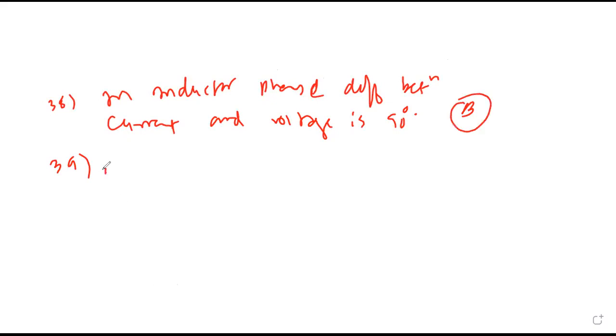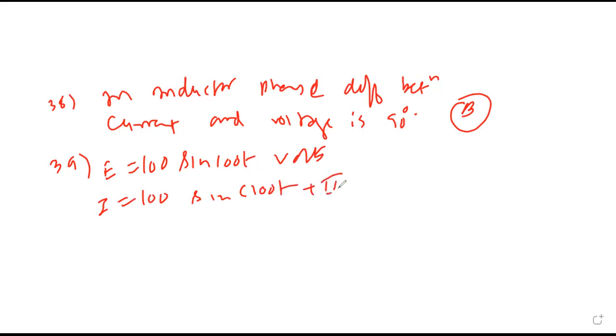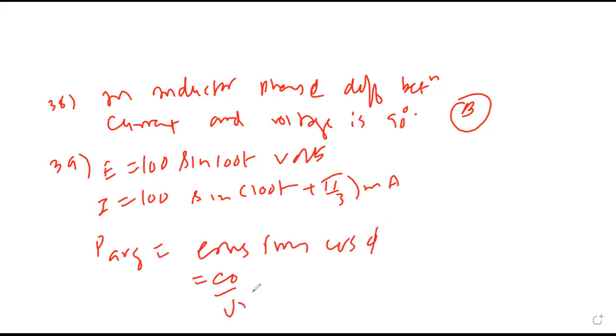39. In an AC circuit, E is 100 sine of 100 t volts and I is 100 sine of 100 t plus pi by 3 milliampere. Average power dissipated is E RMS I RMS cos phi, which is E0 upon root 2 times I0 by root 2 cos of pi by 3.